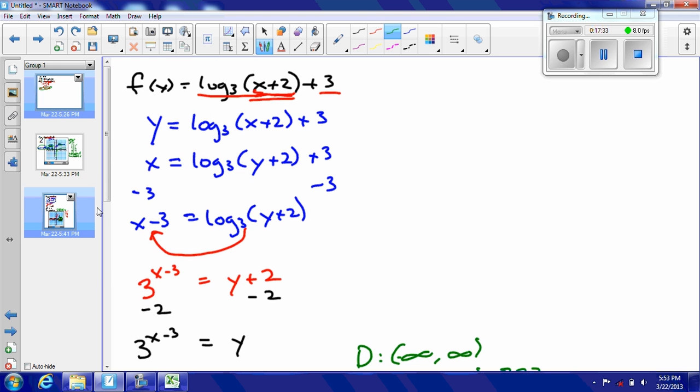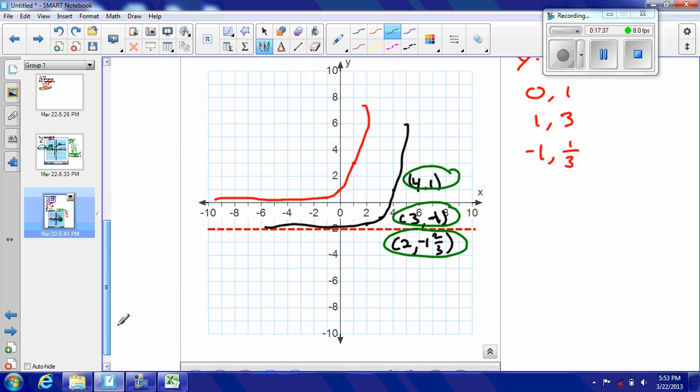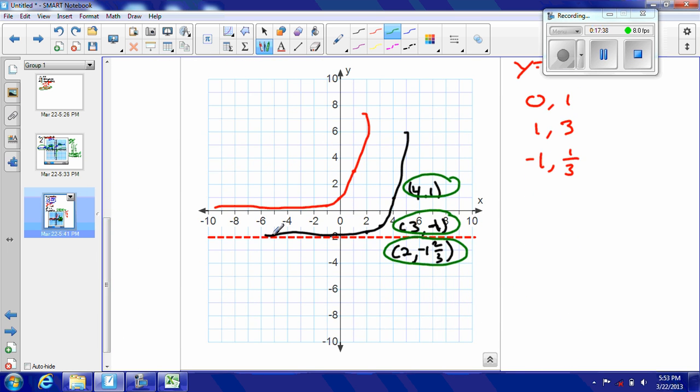And if we look at the graph of our inverse function, our range is negative 2 to infinity. So that pretty much answers all the questions for this problem. Good problem, a good way to understand inverse and the domain and range of logarithmic and exponential functions.